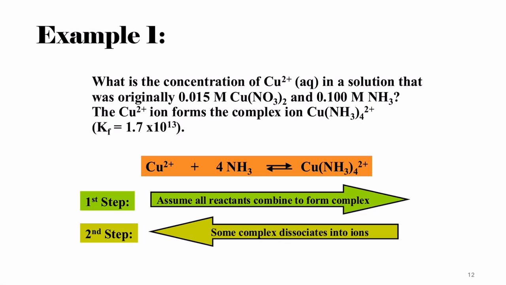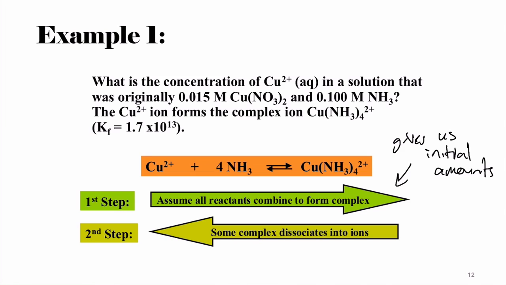And so when we're solving these problems, you use something called the bounce back method. When you're looking at a solution where you mix these 2 things together, you assume first that all the reactants come together to form the complex, and that gives you your initial concentrations.